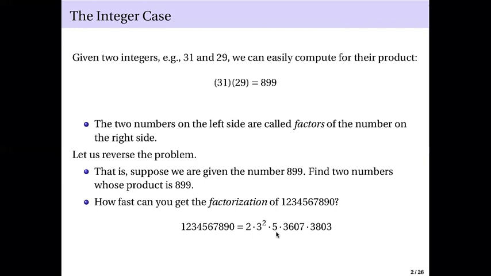You move to 7. You divide by 7, it's not divisible by 7. You move again, 7, 11. But take note, here you have 5, and then the next prime number, it's 3,607. So there's a lot of prime numbers to check from 5 to 3,607.